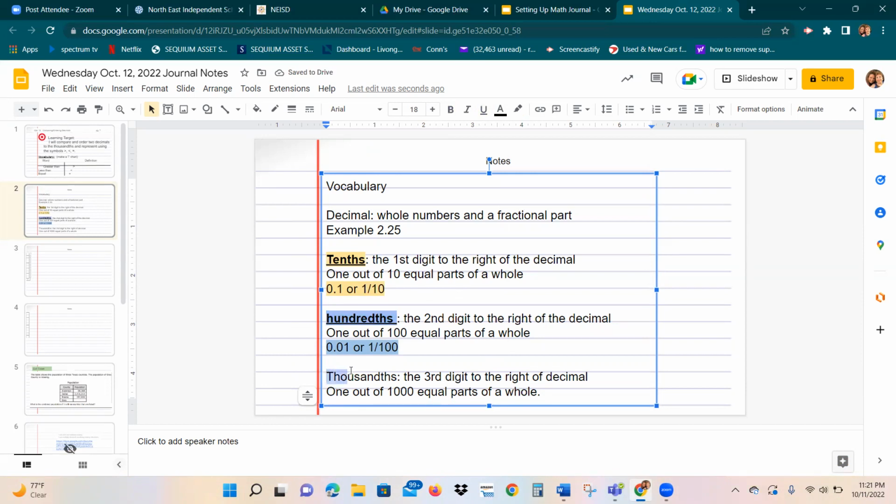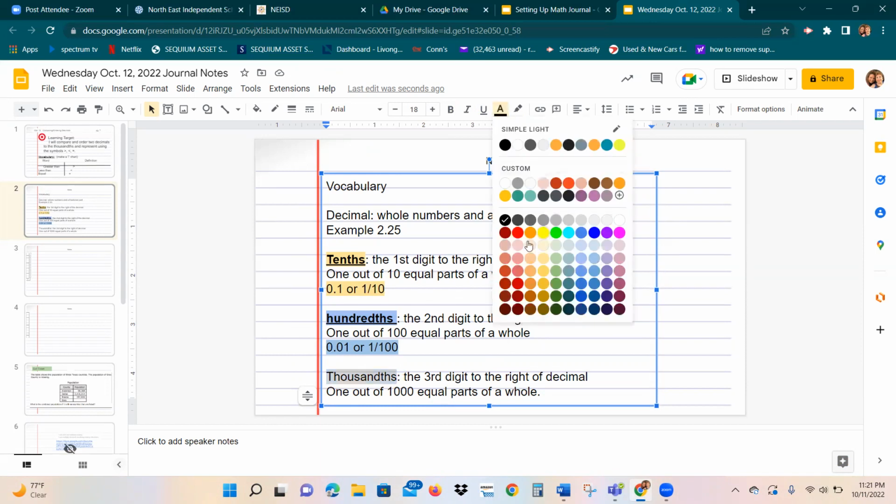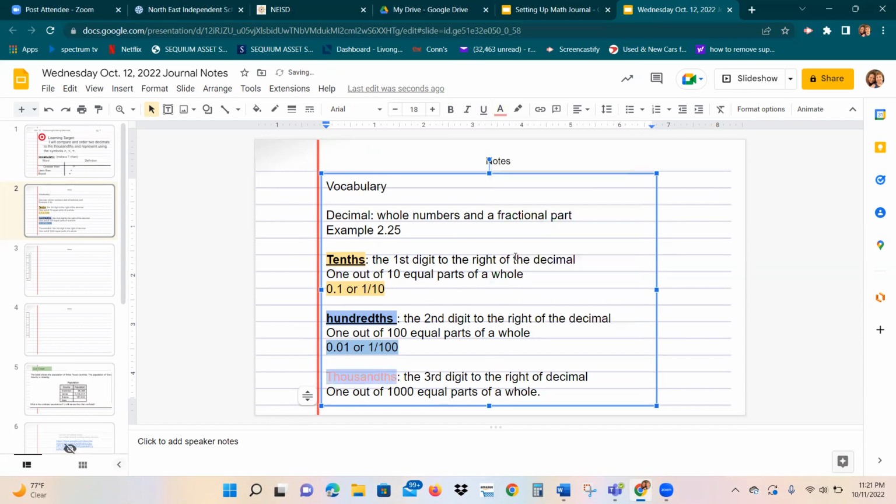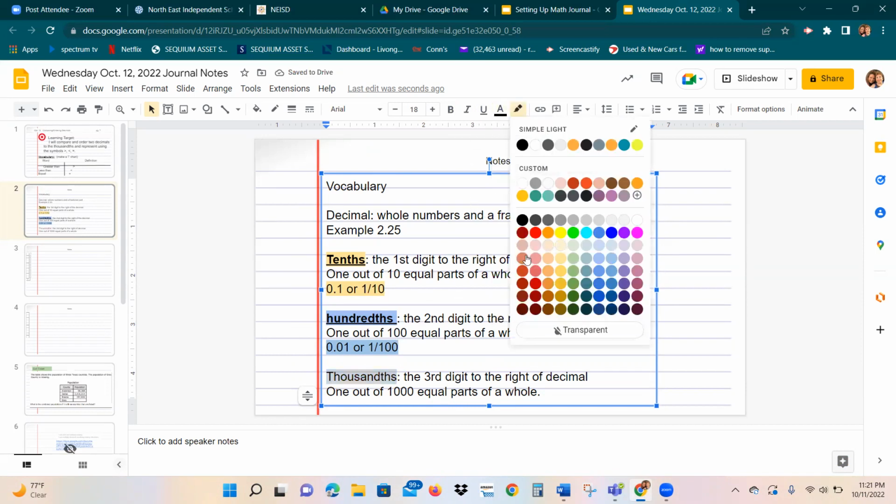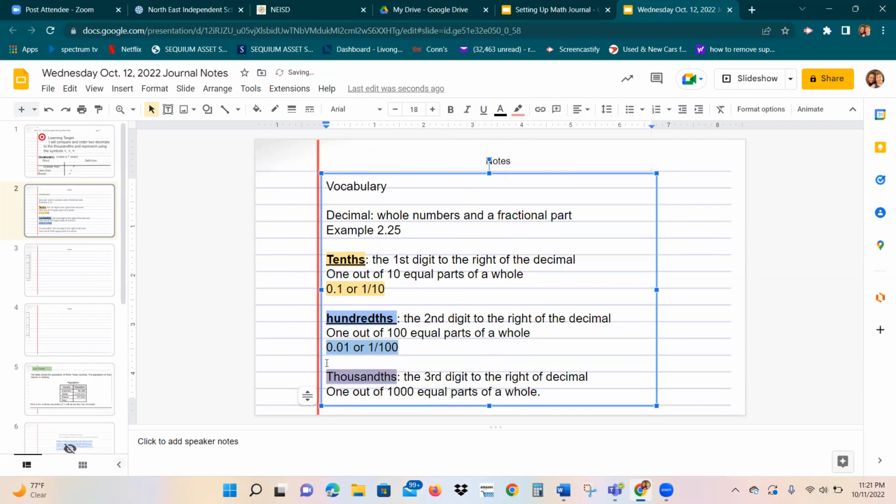And now with the thousandths, I'm just going to do the light red because that's what we have in class. Oops, don't want that. Change that up. Use the highlight. Bold that and underline. And then when we write those out, there's no whole numbers.